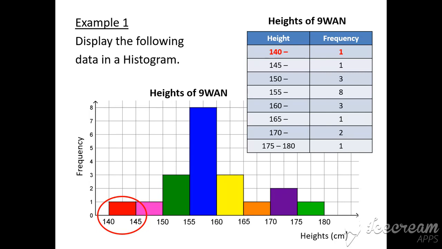So notice we've put 140 on the left, 145 on the right. This bar, or this group of people, are those that are 145 up to, but less than 150. This group of people, there's three of them, are those that are between 150 centimeters up to, but not greater than 155. And so on and so on.